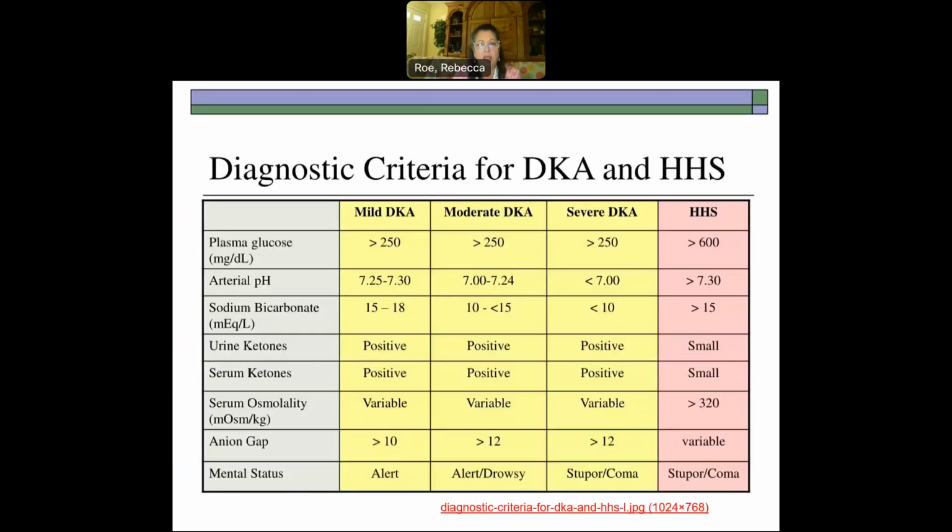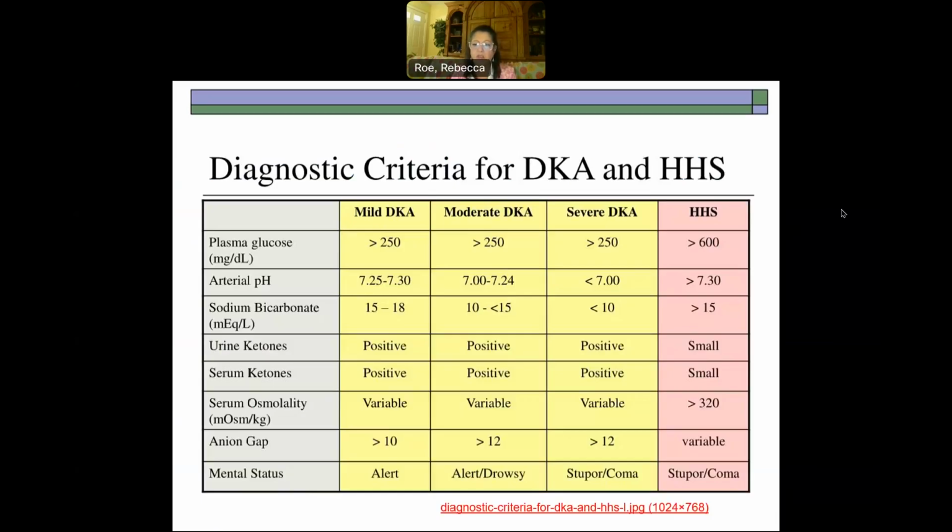So when we look at the diagnostic criteria for DKA and HHS, you're going to see the differences. Plasma glucose level is greater than 600 in HHS. You're going to see that there is acidosis in both of these levels. You're going to see the bicarb is a little higher in HHS.